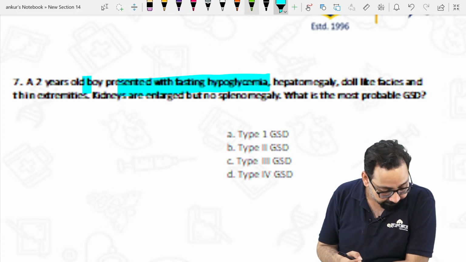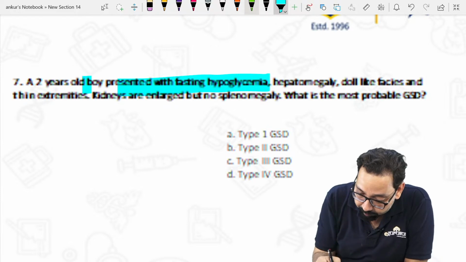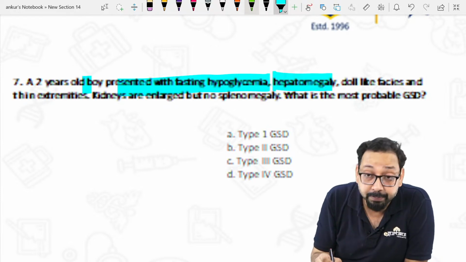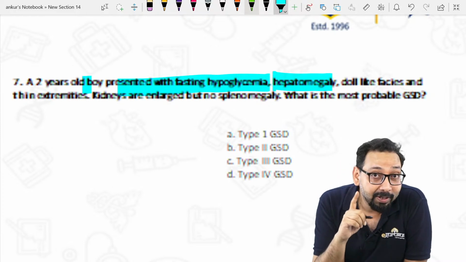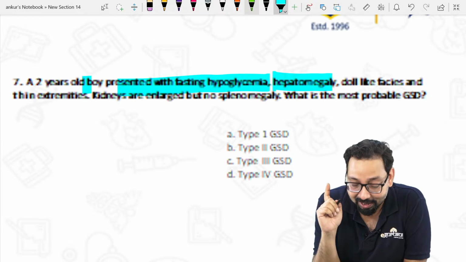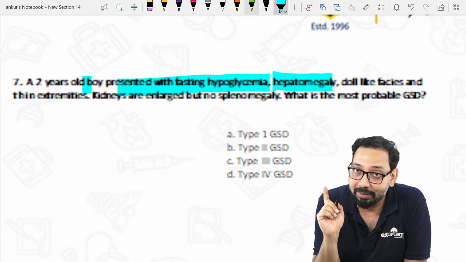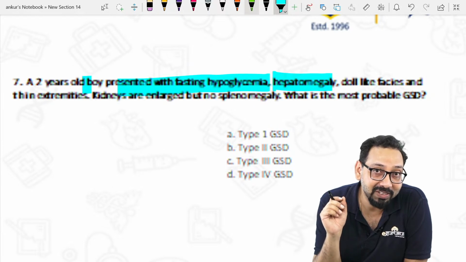Yes, doll-like face is a point, but doll-like face is not specific. You can't make the diagnosis of glycogen storage disease type 1 only by doll-like faces. It's subjective whether a face is doll-like or not.